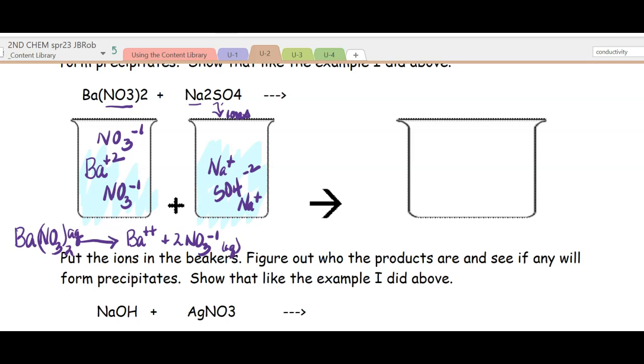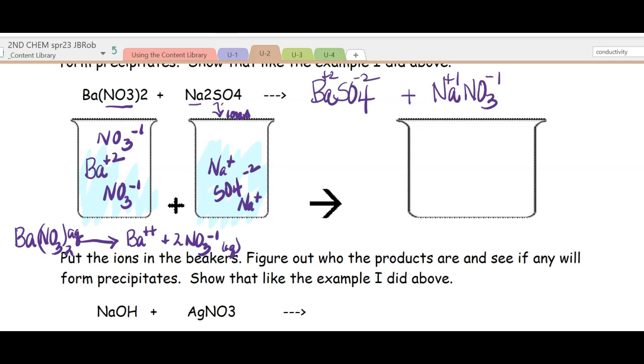All right. Now, let's see what would happen. So if we exchange dancing partners, that means barium would now be dancing with sulfate, and sodium would now be dancing with nitrate. All right, -1, +1, +2, -2.